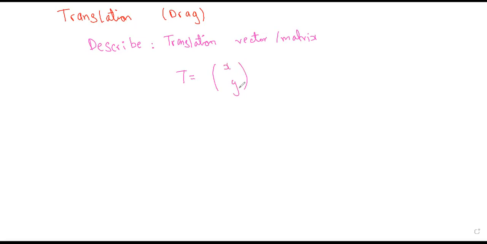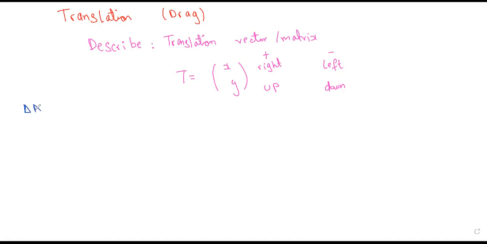If the x coordinate is positive, we move the object to the right, and if it is negative, we move the image to the left. If the y coordinate is positive, we move the object up, and if it is negative, we move it down. You'll understand that by an example. Let me write down an example and then I'll explain this to you. So just stay focused.